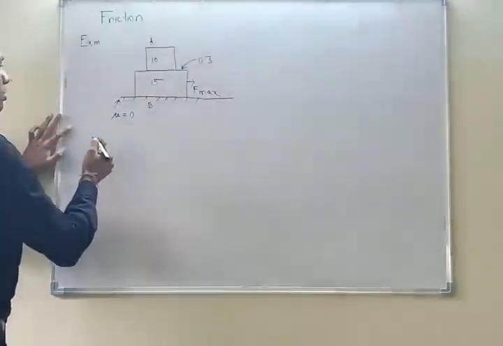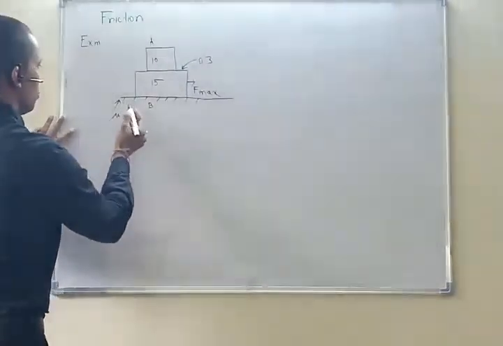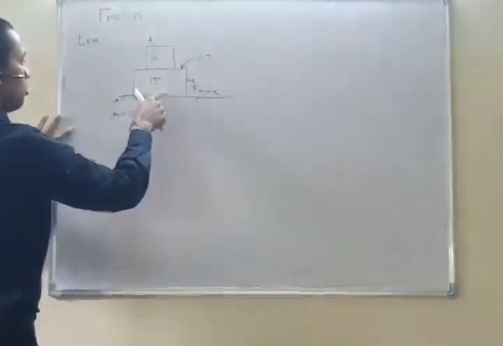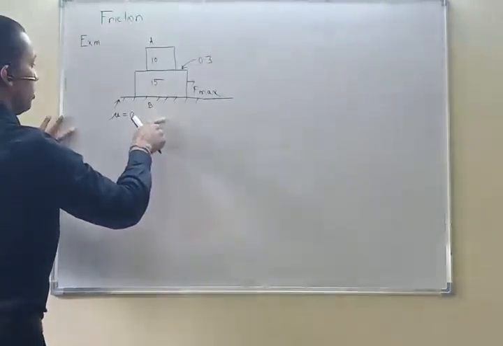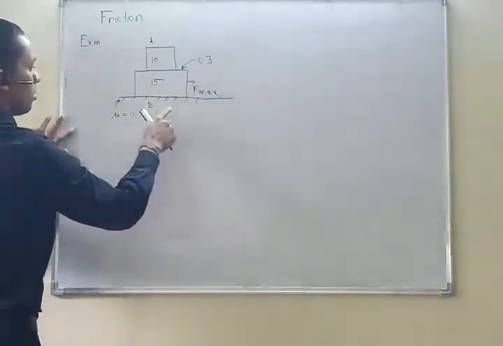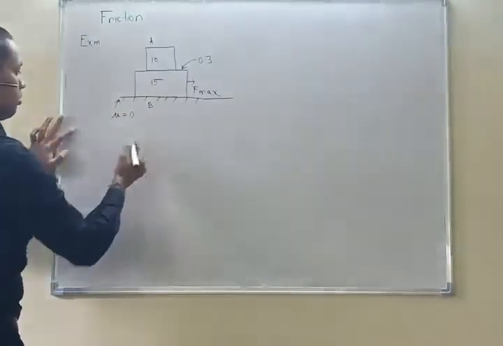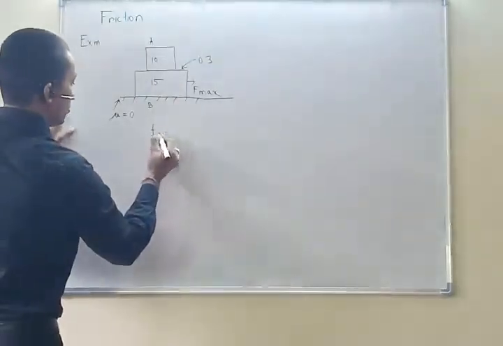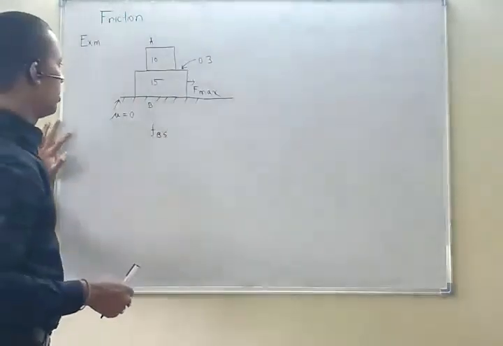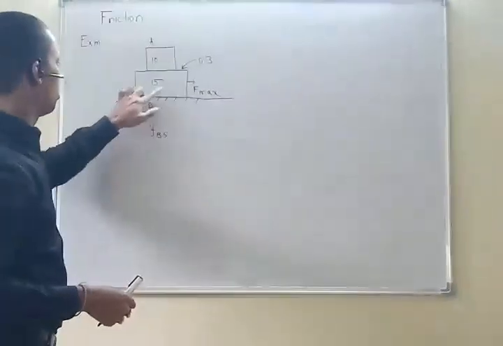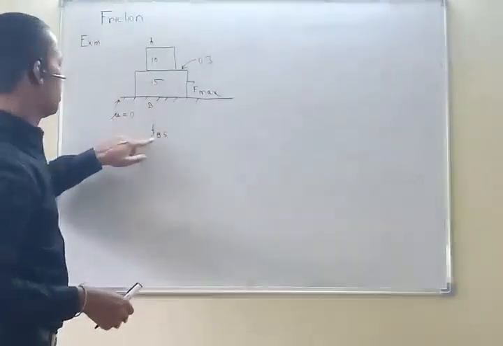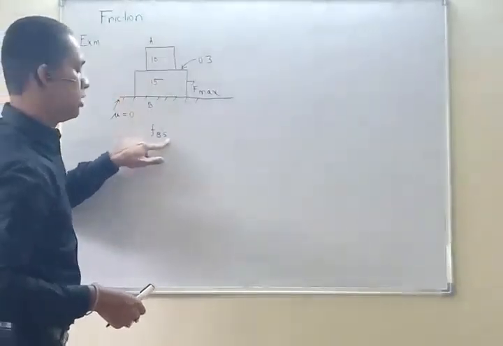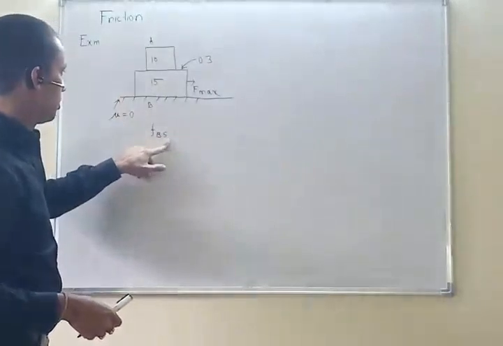The movement of block B depends on the frictional resistance given by the surface on B. That means F_ds, the frictional resistance given by the surface on block B, whatever the value of it, this should be the resistance.